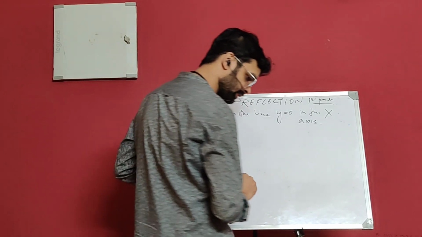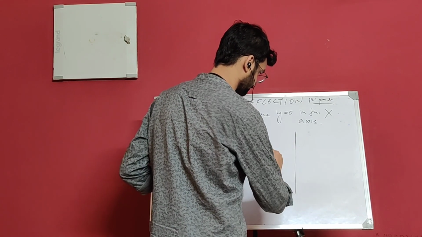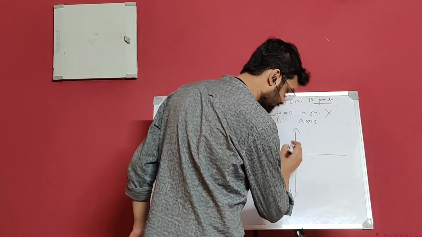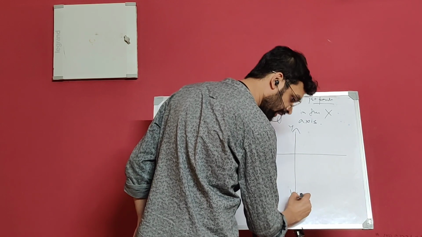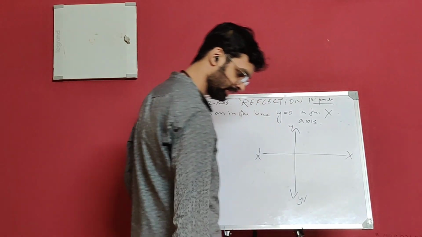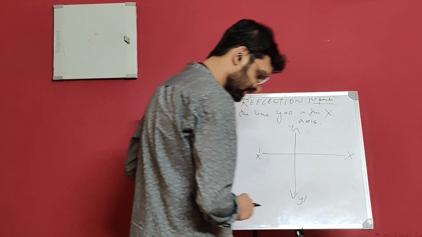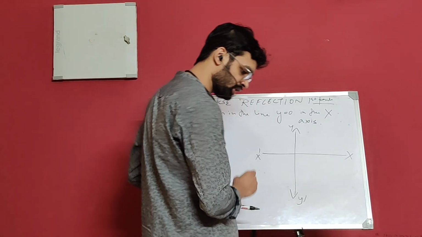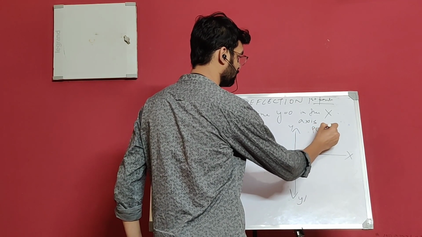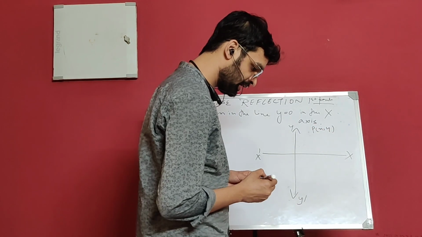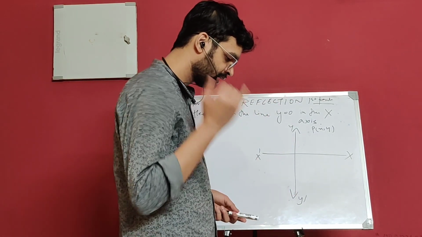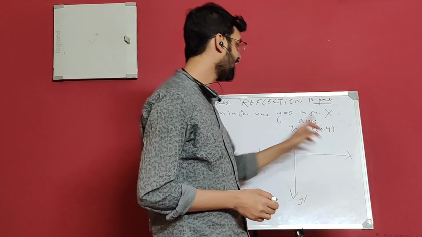Now if I make a diagram, this is y, this is y dash, this is x dash, and this is x. So the adjoining figure shows the reflection of the point P x y. I make a point P, that is x comma y. If I am telling you to reflect in the x axis, here you need to understand that y will not change.